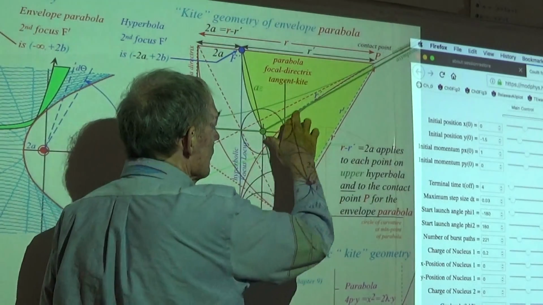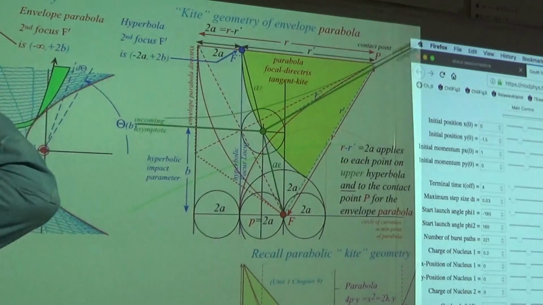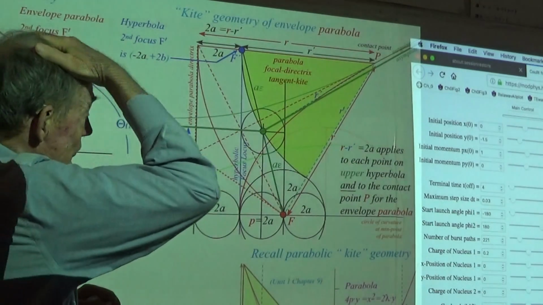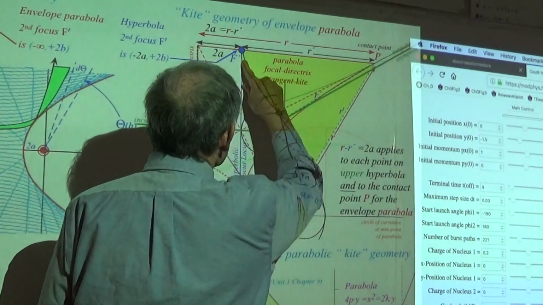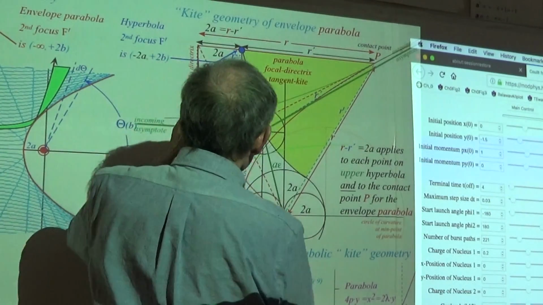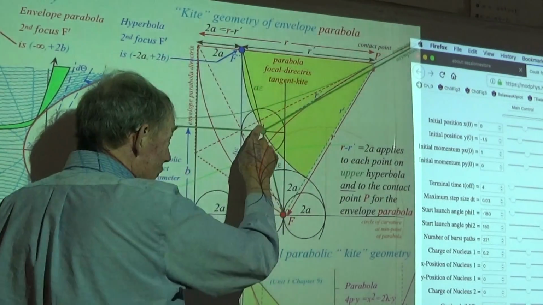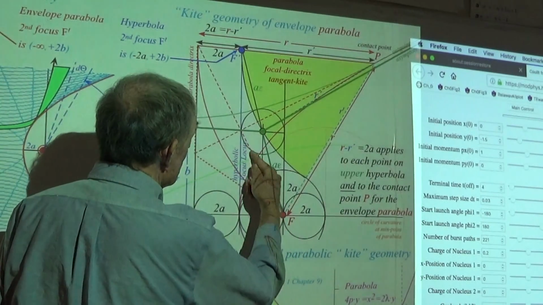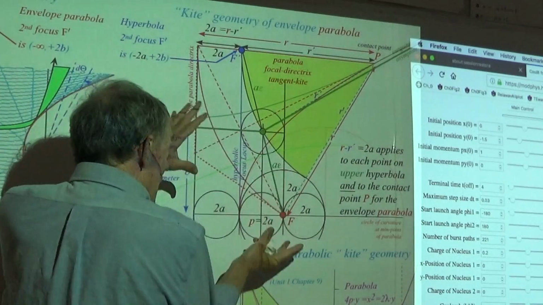Now, I've drawn the envelope in here, but how do you find that envelope? That's the curious thing about this. What you do is you go up here and look at this particular point, and you see where the center of that is, and I'm more interested in how that line right there intersects at that particular point. I draw a kite turned up.